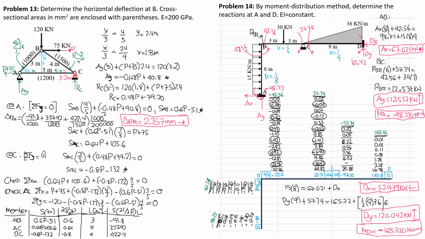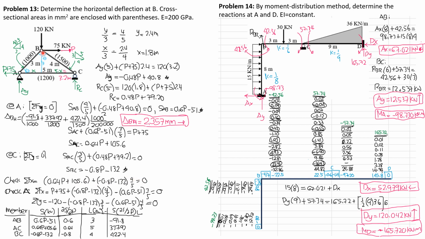So all you have to do is check equilibrium. Summation forces x at C, leftward positive. So SAC, which is 0.64P plus 105.6, plus the horizontal component of SBC, which is quantity negative 0.8P minus 132 times 4 fifths. So it is indeed 0.